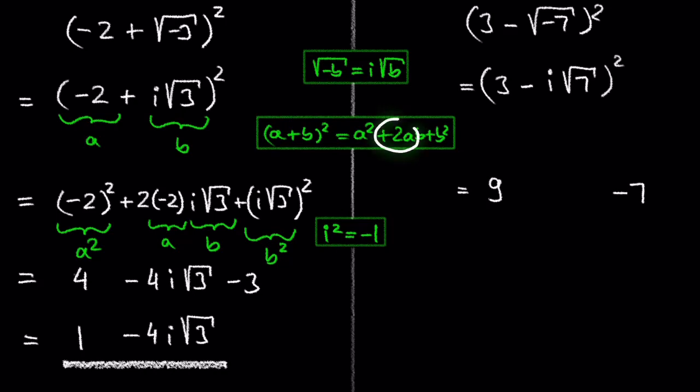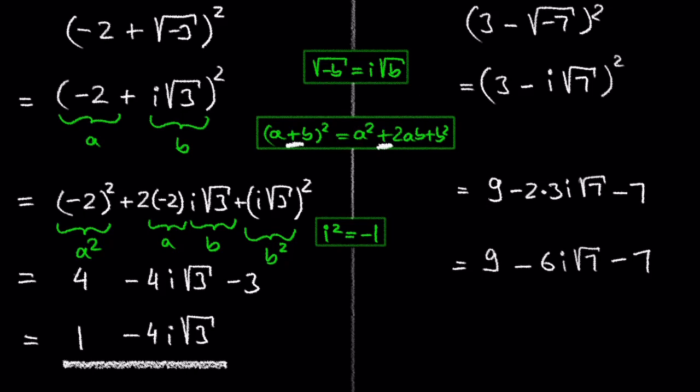Negative 2 times 3 is negative 6. And 9 minus 7 is 2.